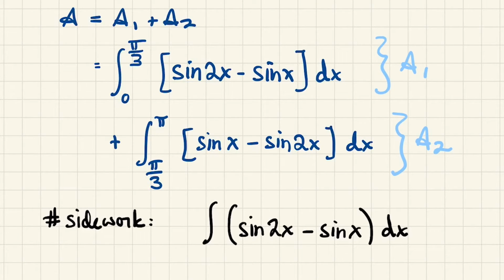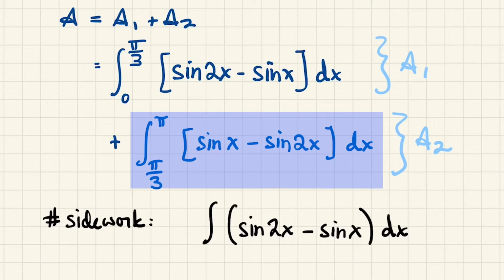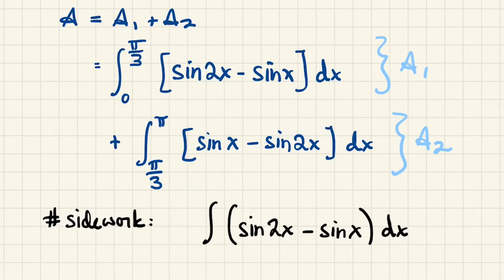Then once we've worked out the general antiderivative, we can return to the main thread of the problem. And A1, we can see, is just that antiderivative, but with the bounds 0 to pi over 3 plugged in. And A2 is actually the negation of that antiderivative with the bounds pi over 3 to pi in, right? So we're only going to do the calculus once here.